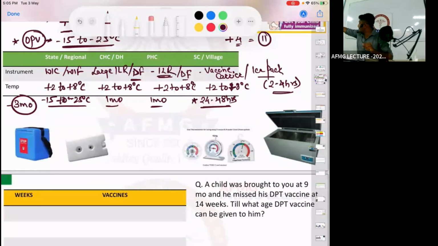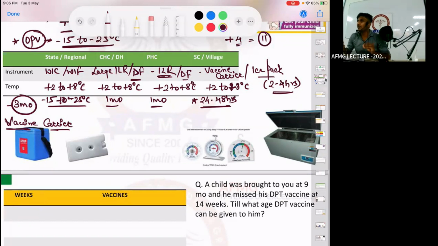What is this blue colored box that we have? The blue colored instrument, this is the vaccine carrier. Used at which level in cold chain? Sub-center or village level. What is this blue box known as? Vaccine carrier. And this vaccine carrier ka temperature is +2 to +8 degrees Celsius. Important.